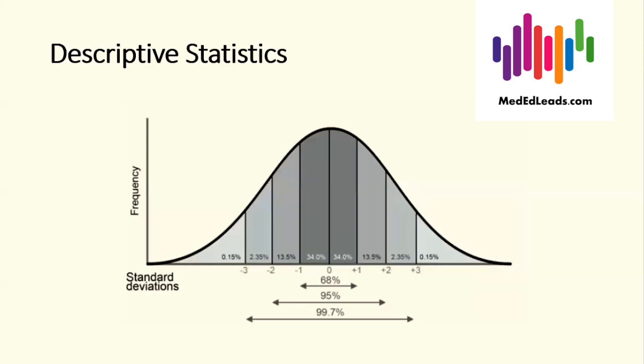So if the median is 50%, 50% of the students have scored above 50%, and half of your students have scored below 50%. That's what the median is telling you. The mean is also 50%, and suppose the standard deviation is 10%. What more interpretation can you make from this?